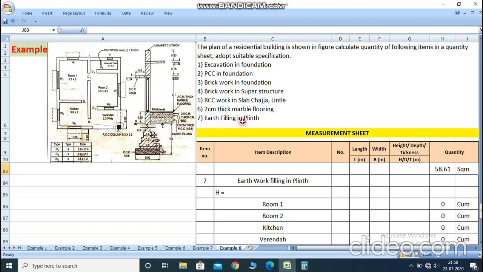So for earth filling in the plinth, first we calculate the height.